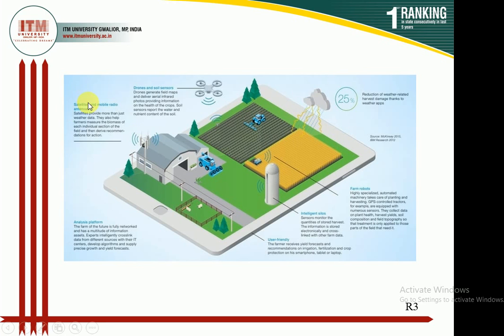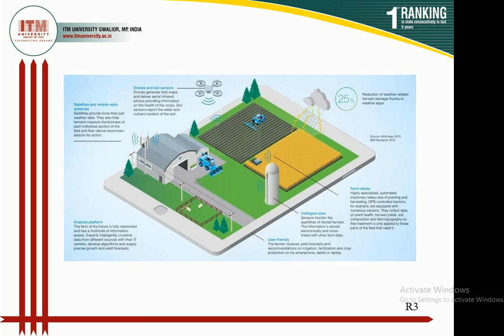There are various satellites and radio antennas which collect and transmit information. Because of various weather apps, the loss due to weather damage is much decreased. Farm robots are also present, which help the laborers and help us do more mechanized farming.